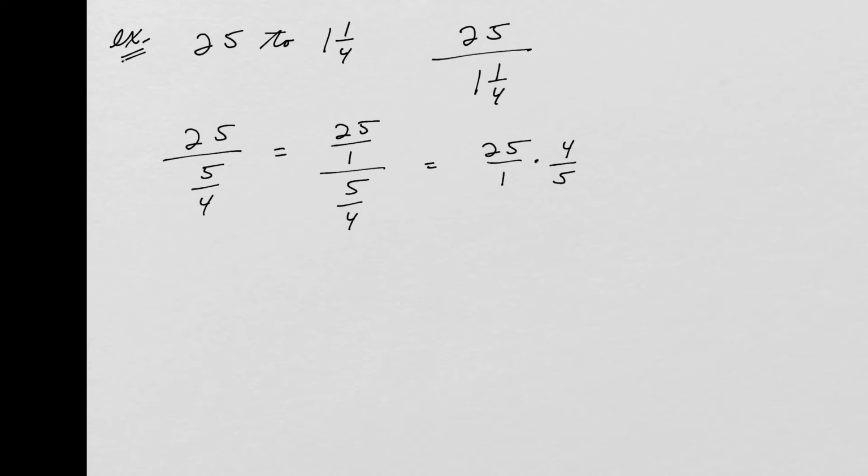And then I can simplify a little bit here. 5 goes into 5 once, 5 goes into 25 5 times. So this is going to be 5 times 4, which is 20 over 1. So 25 to 1 1/4 simplifies to 20, or you could say 20 over 1. You could also just write this as 20. But if we leave it as a ratio, it's really 20 to 1.